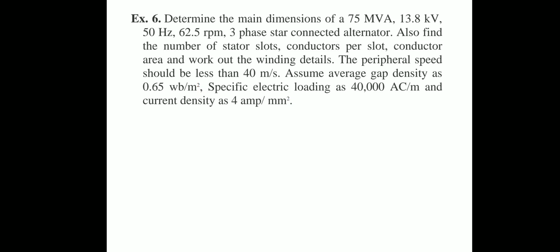Also find the number of stator slots, conductors per slot, conductor area, and work out the winding details. The peripheral speed should be less than 40 meter per second. Assume average gap density as 0.65 Weber per meter square, specific electric loading as 40,000 ampere conductors per meter, and current density as 4 amperes per millimeter square.